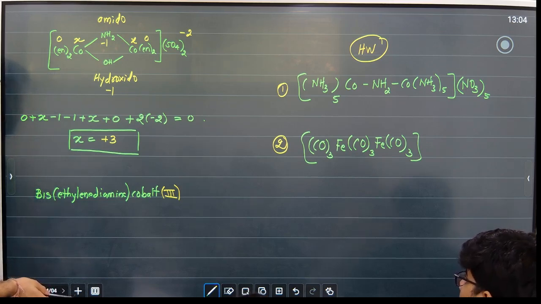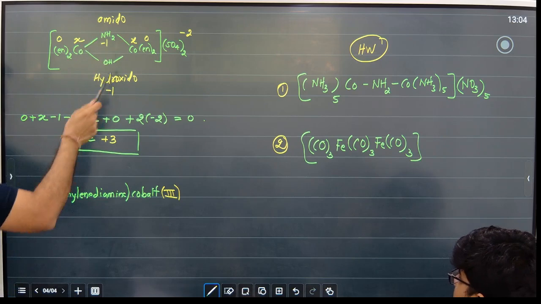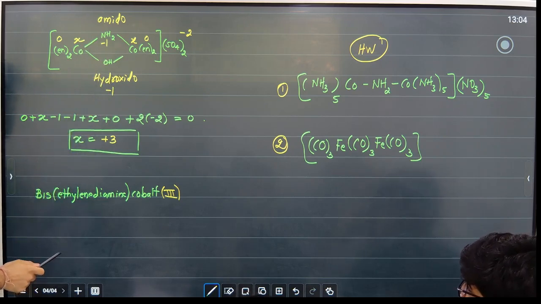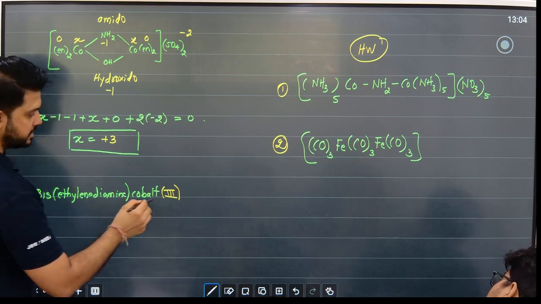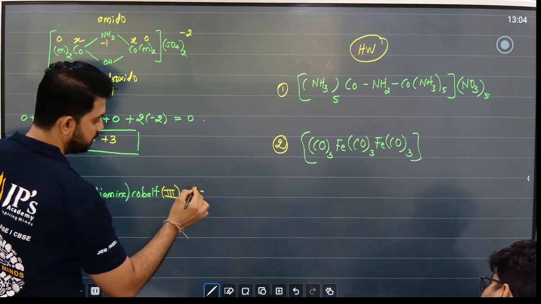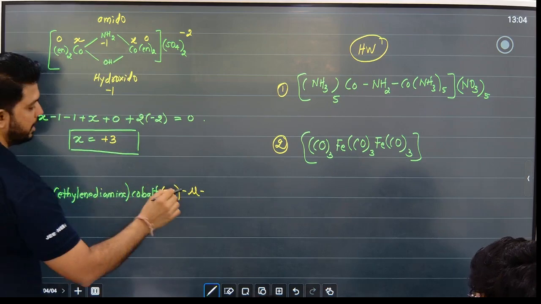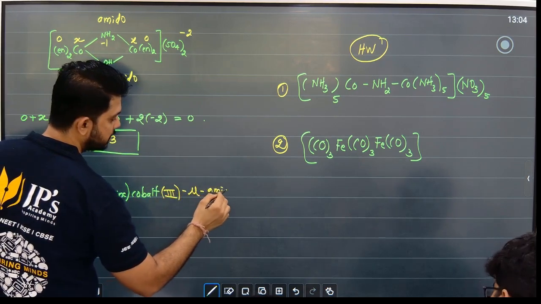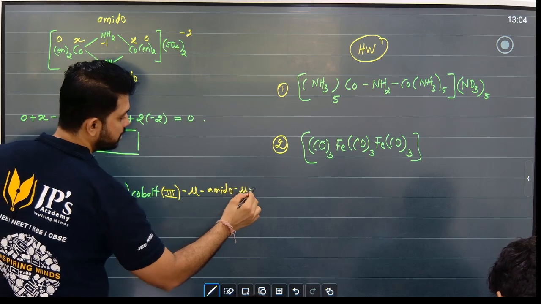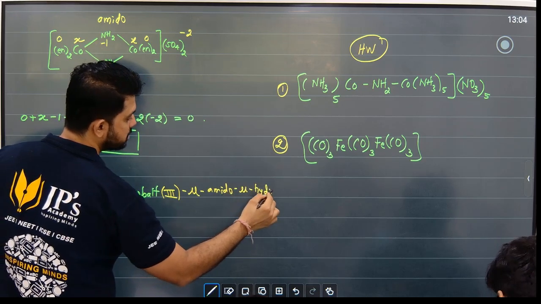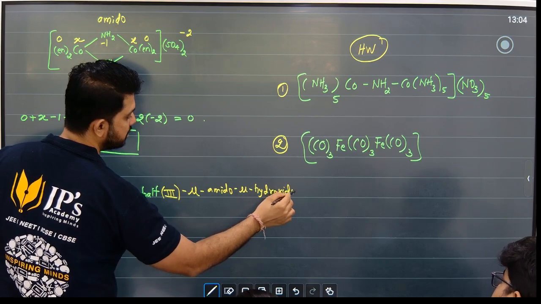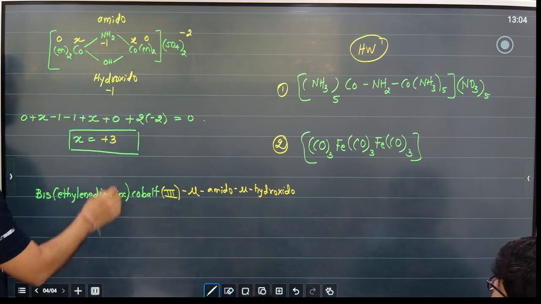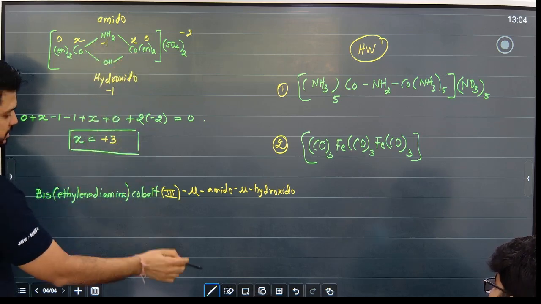Cobalt 3. Now these are called, if you remember, bridging ligands. They are represented as mu. So mu, alphabetically amido, mu, hydroxido. I wrote the name of both. Again, what do you see there?